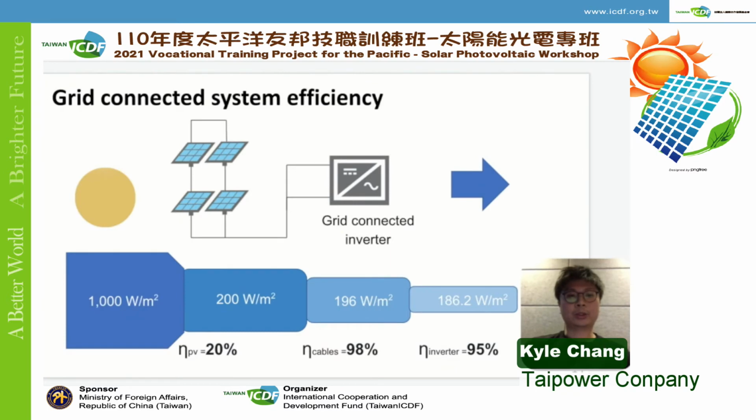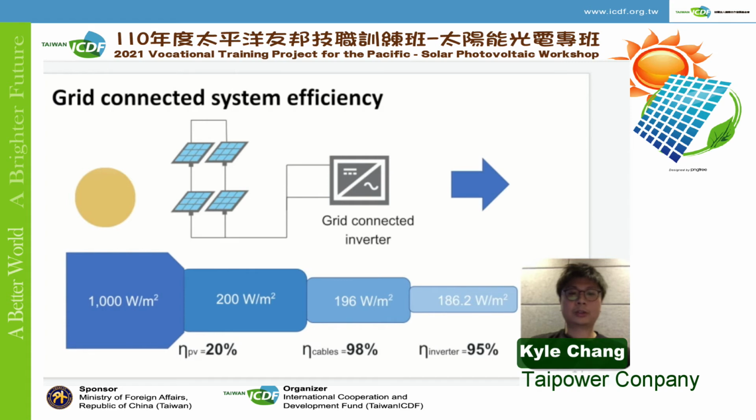And now we will look at the important concept of system efficiency. We know that the solar to electronic conversion efficiency of a PV module could be as much as 20%. We have also seen that the efficiency of each system component is less than 100%.